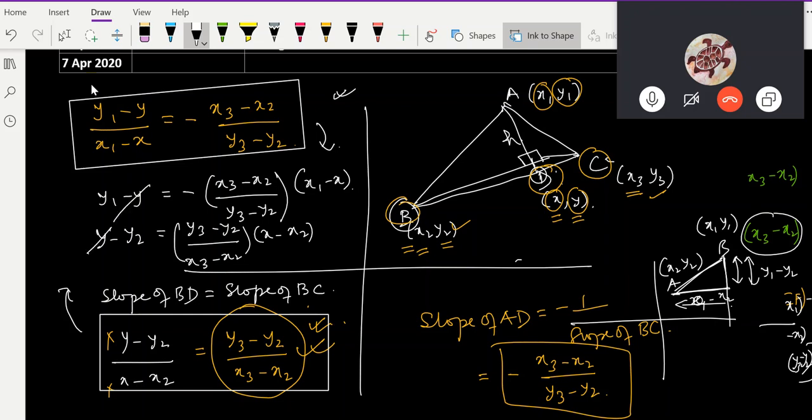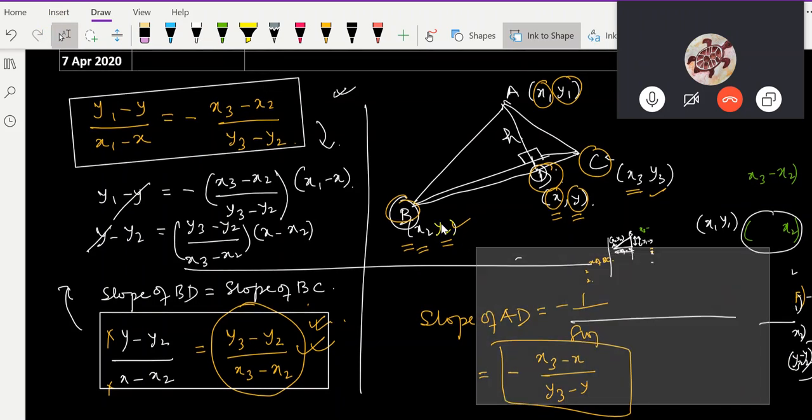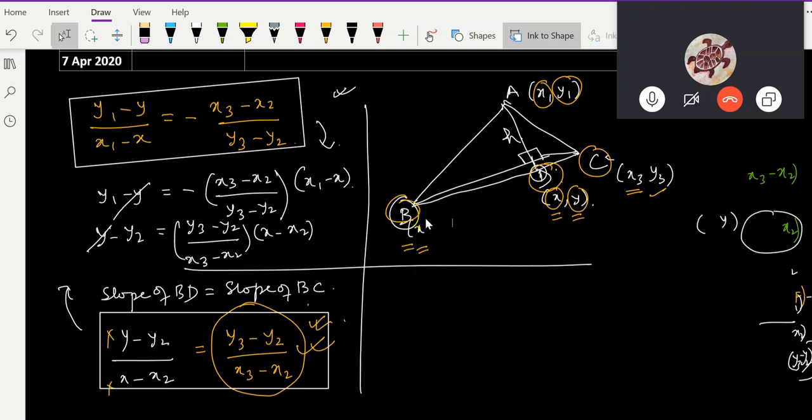So y1 minus y2 will be equal to y3 minus y2 by x3 minus x2 into x minus x2, plus of minus of this.